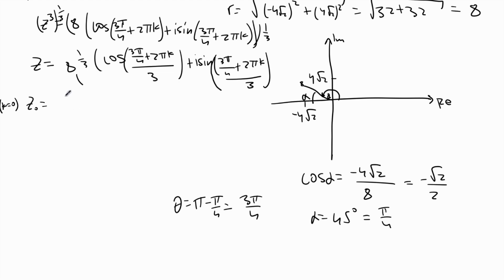With k equal to 0, we're going to go with 2 times cosine of 3 pi over 12, because this expression is entirely 0, plus i sine of 3 pi over 4 over 12.